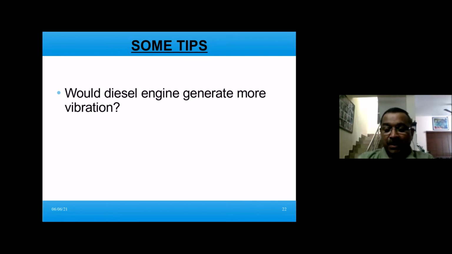So I think it was Rishikesh who asked me a question in the very first class. His question was, he made a comment that this diesel engine will be making more vibration. Is Rishikesh here this day? Okay.